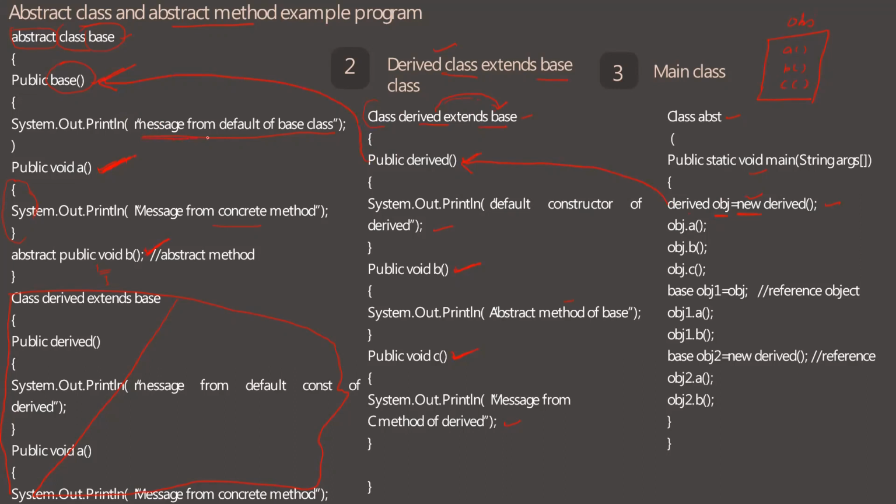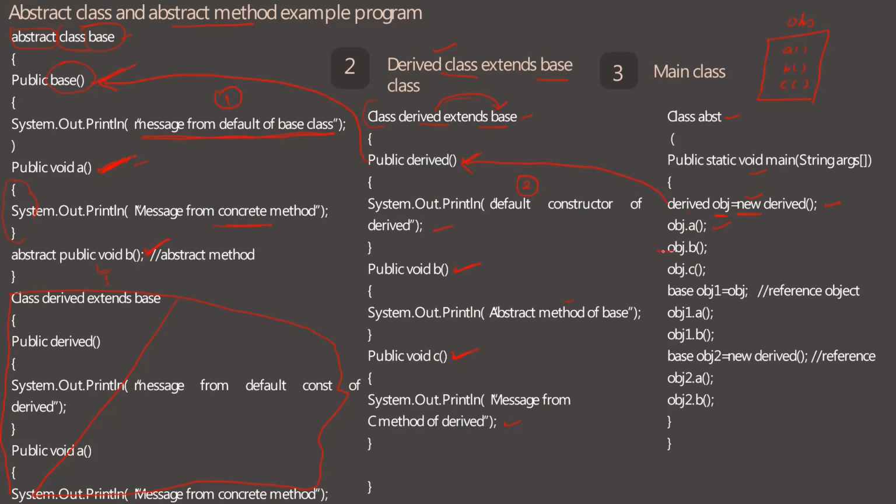First, it prints message from default constructor of Base. First, it prints this one. Then afterwards it is going to print the default constructor of Derived. Once that is done, it comes to A method, obj.a. So it goes to A method, and the message from concrete method will be printed.